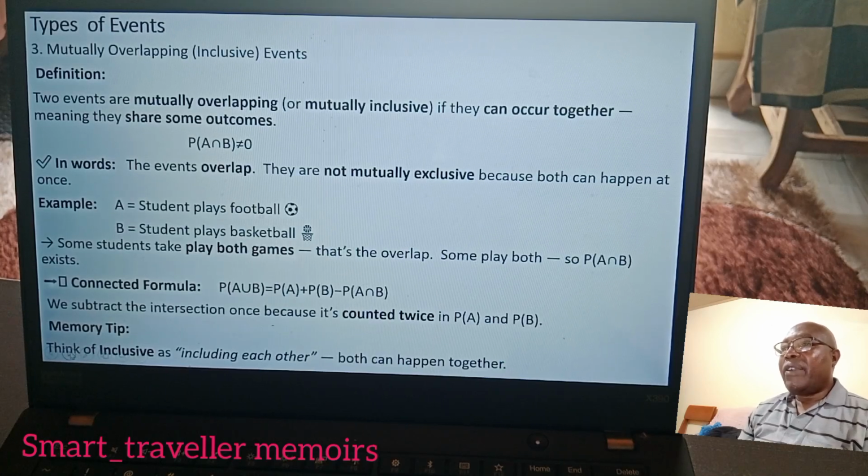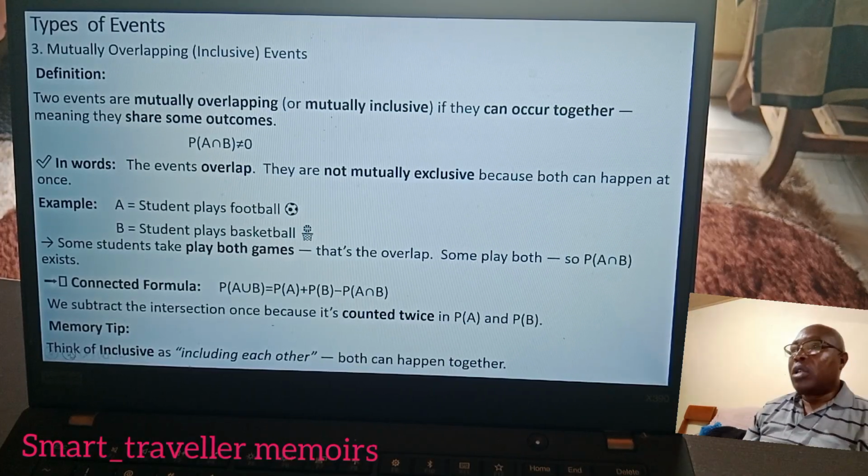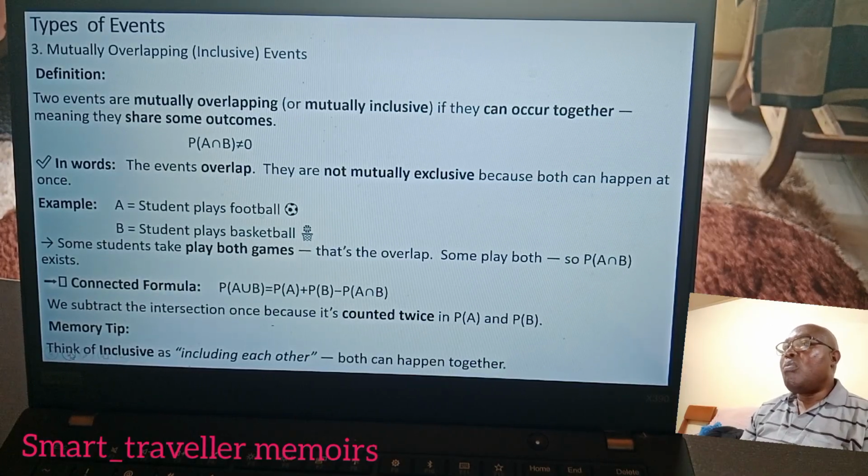The probability of A intersection B is not equal to 0. There are some members who are in the common event. In other words, the events overlap. They are not mutually exclusive because both can happen at once.